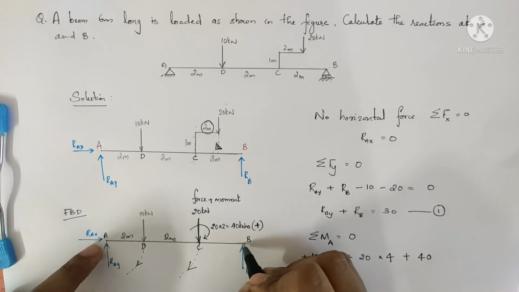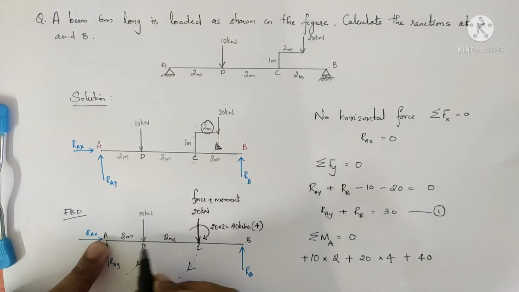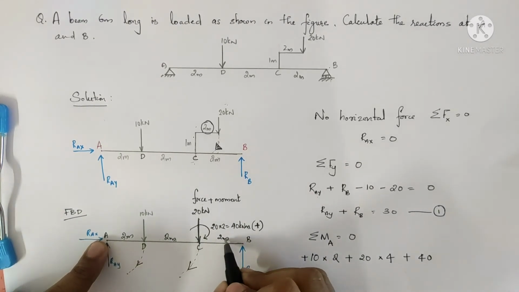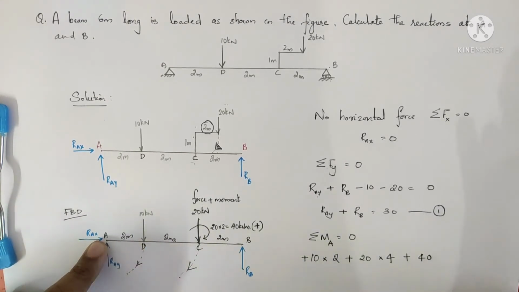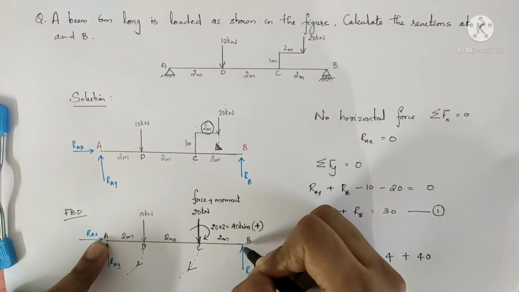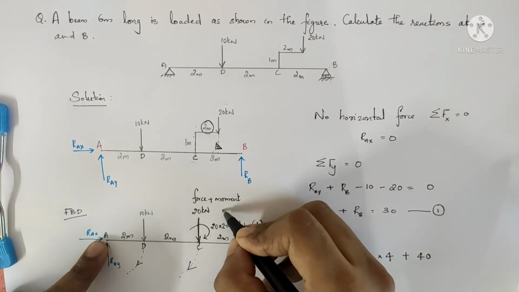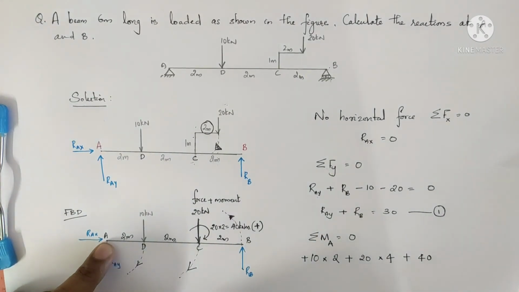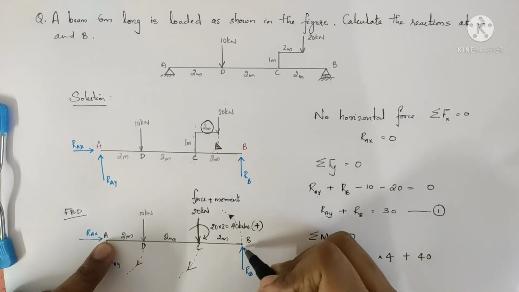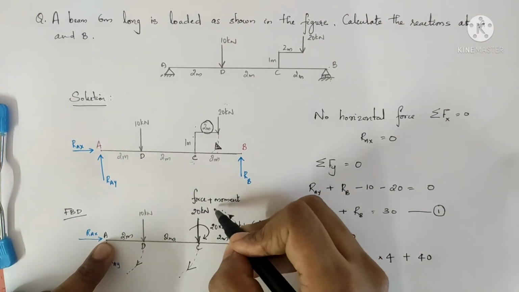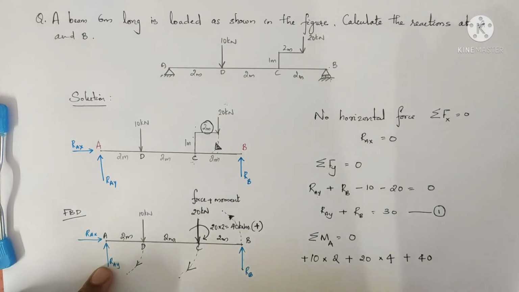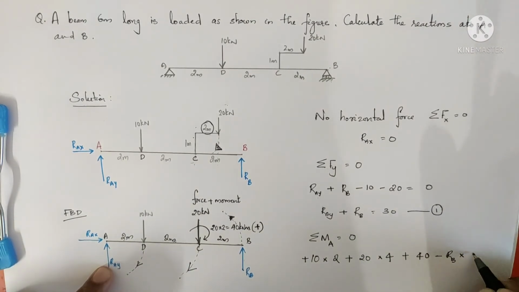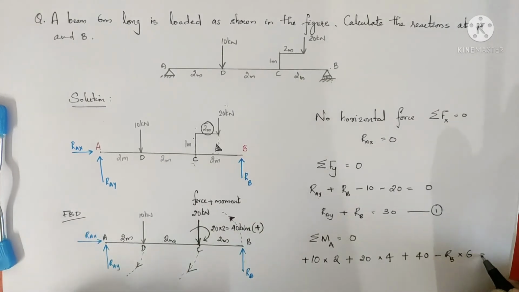Now we have RB remaining. The distance between RB and A, this entire distance, is 2 meter plus 2 meter plus 2, that is, the whole AB distance is 6 meter. RB is moving in the anti-clockwise direction with respect to point A, so that is negative. So minus RB into the total distance AB, 6, is equal to 0.